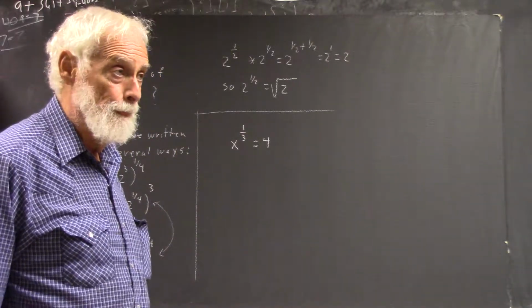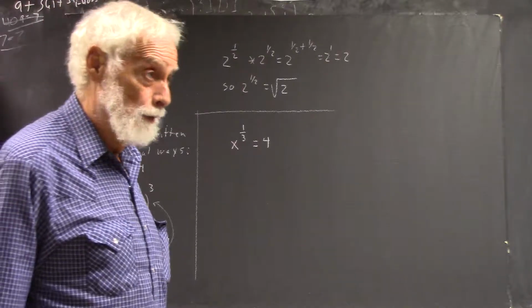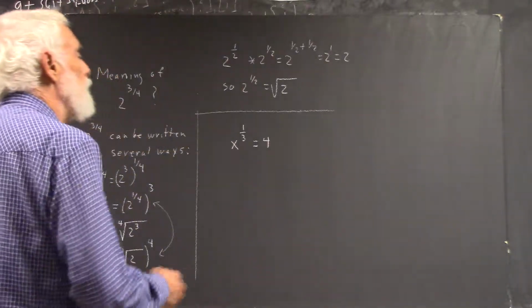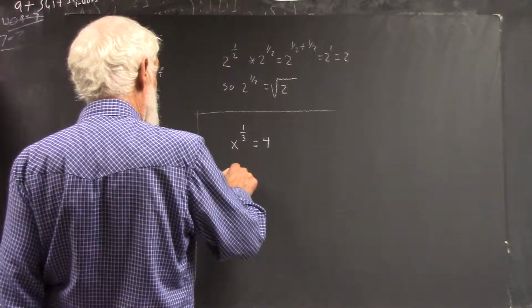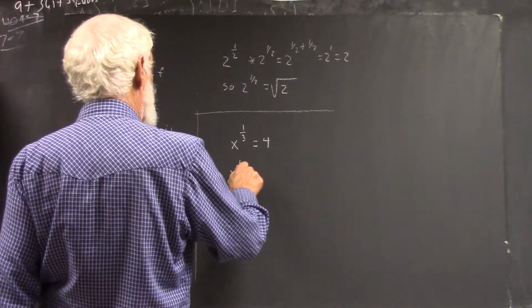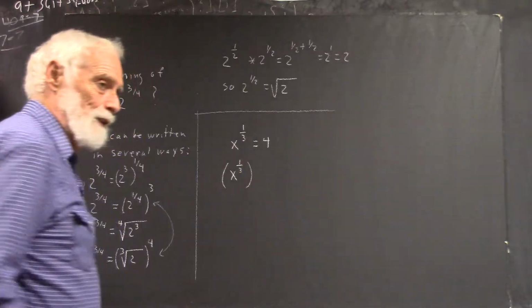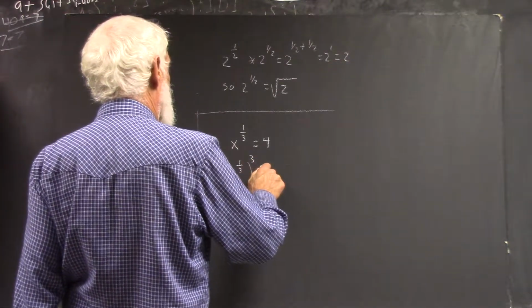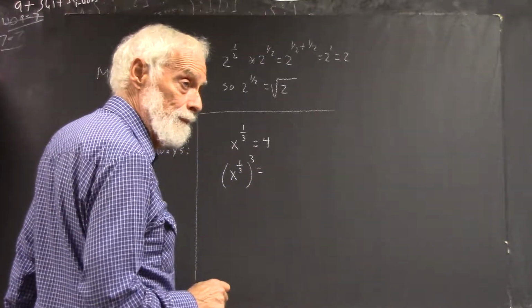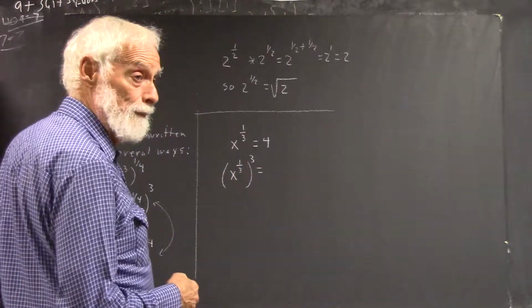Okay? And I'm not going to drag this one out either. Because most people, in my experience, don't. I wouldn't be surprised if some of you, I wouldn't be surprised if all of you do, but I'm not going to assume it. Okay? Well, if I raise x to the 1/3 to the 3rd power, what's that going to give me?